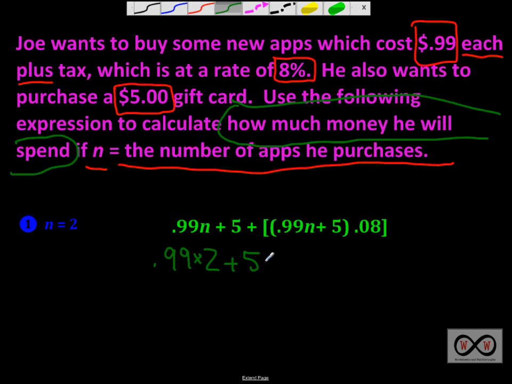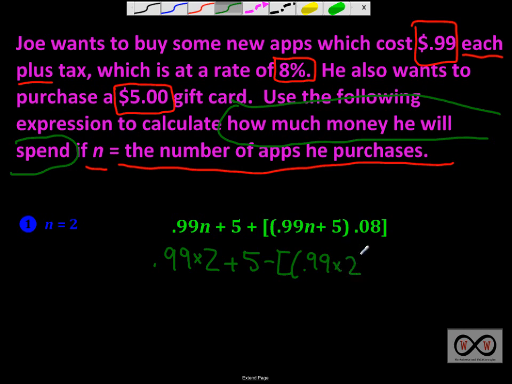And let's move on. And we have a bracket. And inside that we have, again, the price per app. Those are 99 cents each. N, we have a value for that, and then we can write that as 2.